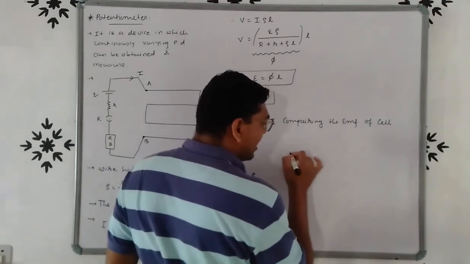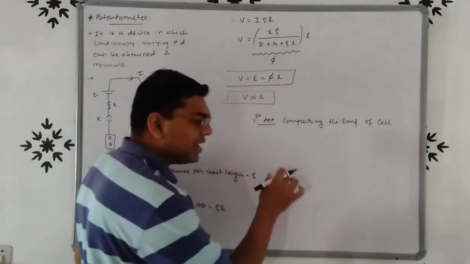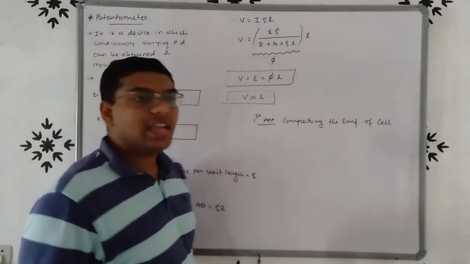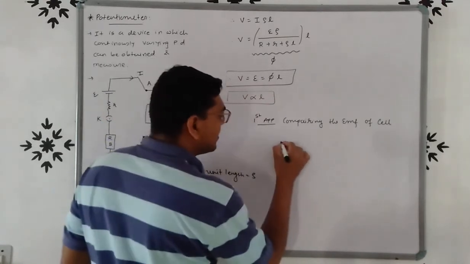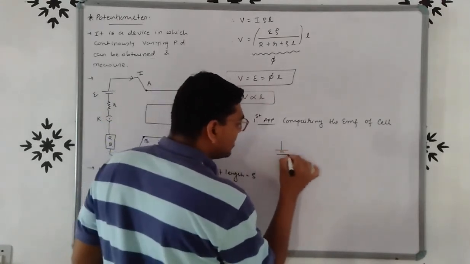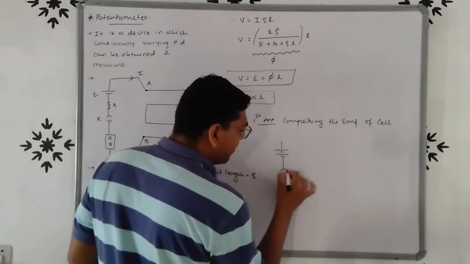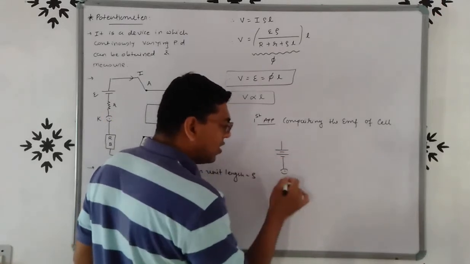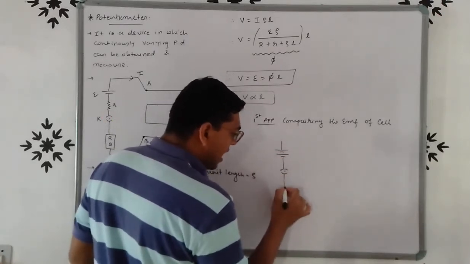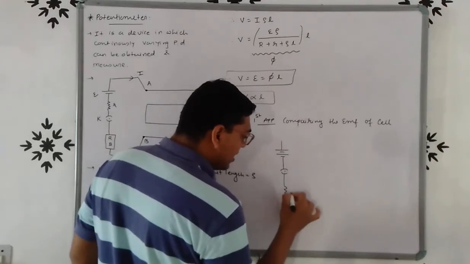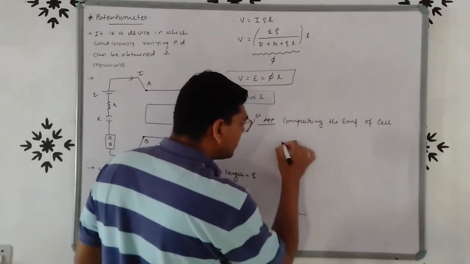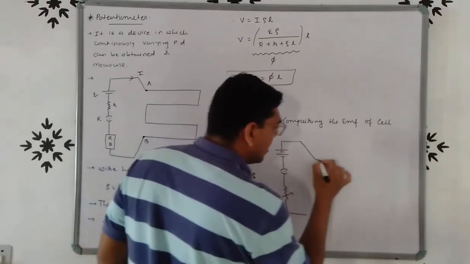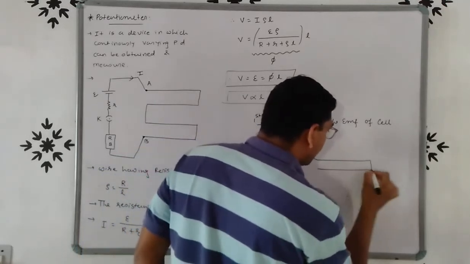The wire is connected with a battery having internal resistance small r, a key and a variable resistor R, like this. This is the wire.